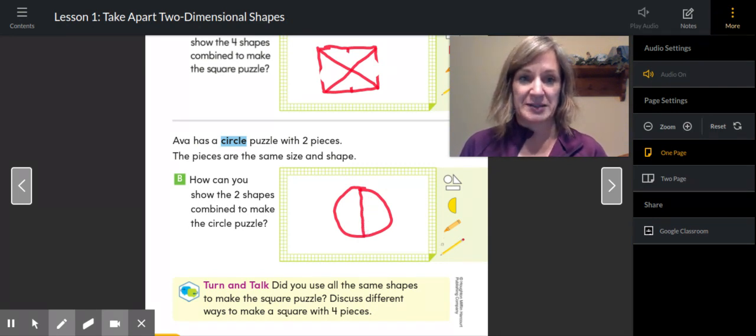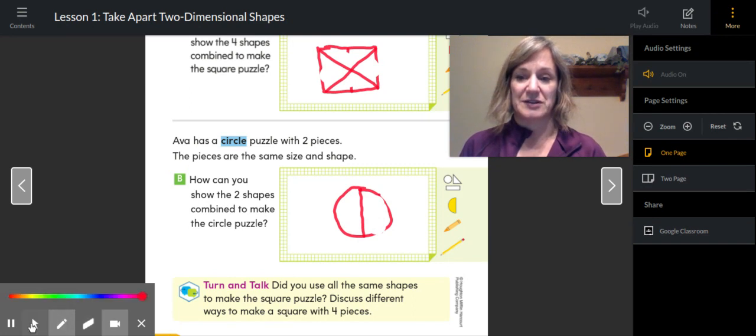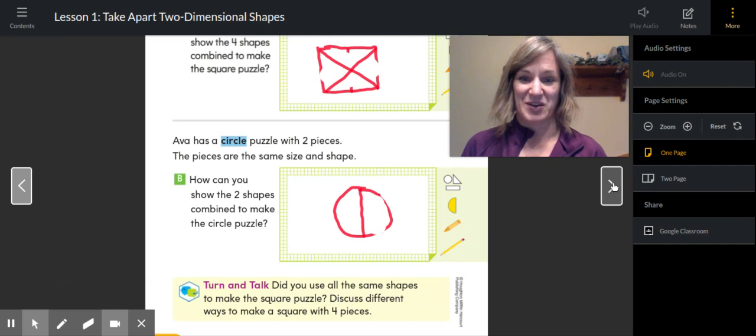If you've ever had a pizza that was cut going across like this, that's not fair pieces, right? This person's piece is going to be smaller than this person's piece. And this puzzle is only supposed to have 2 pieces anyway. But I just want you to know that when you're dividing a circle, you have to go across the center of the circle in order to have fair and equal pieces when you're cutting it. All right, we're going to move on.